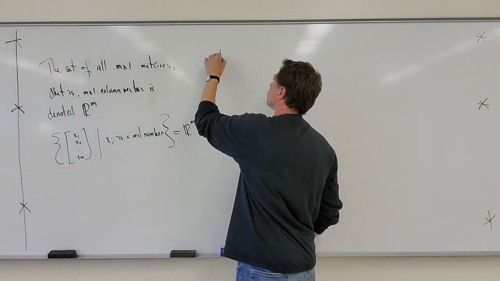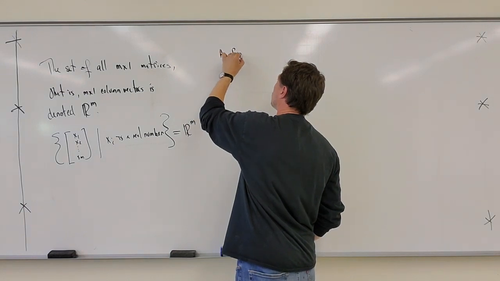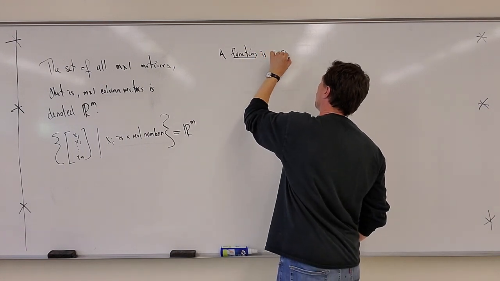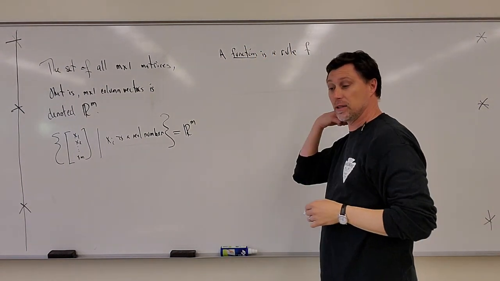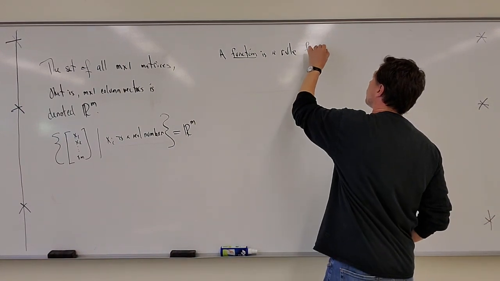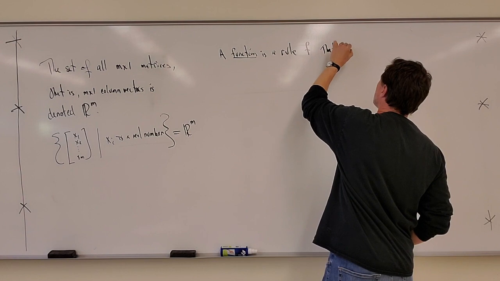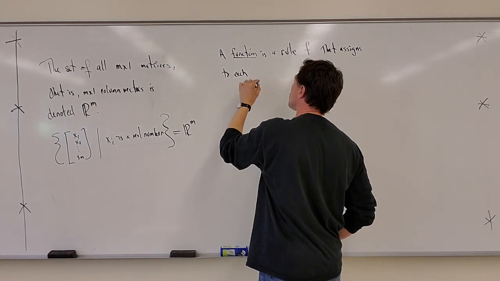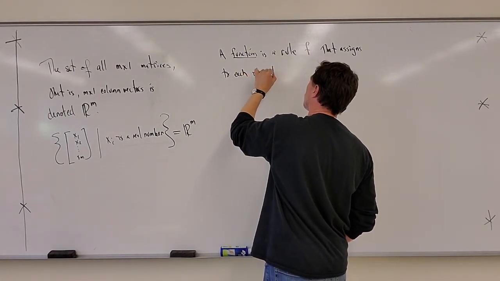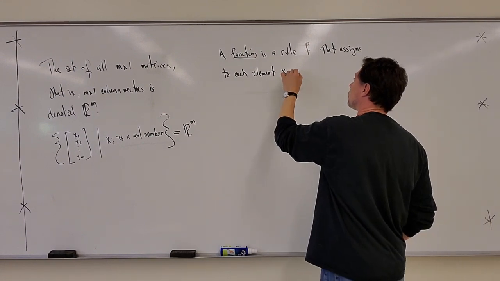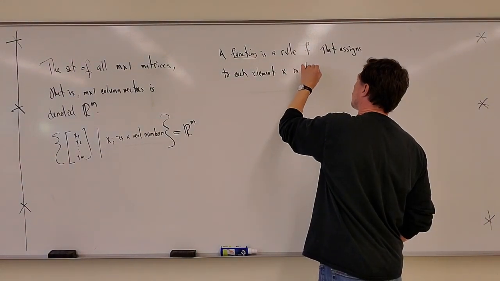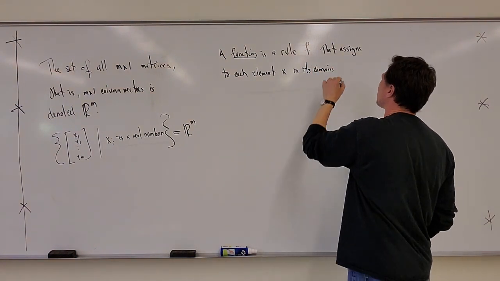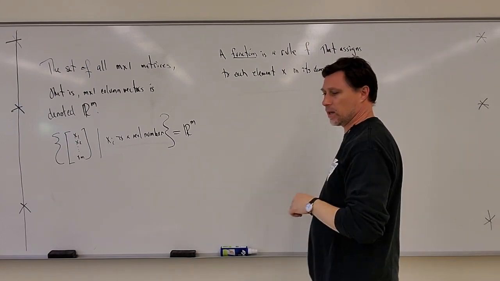So a function is a rule, and we'll give it a name, little f, that assigns to each element, say, little x, in its domain, and I'm going to use the symbol capital A. Well, is A a good choice?